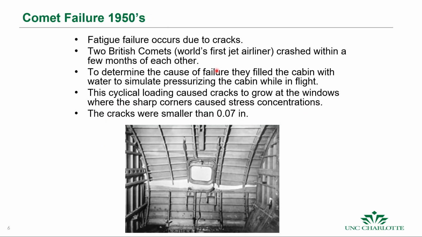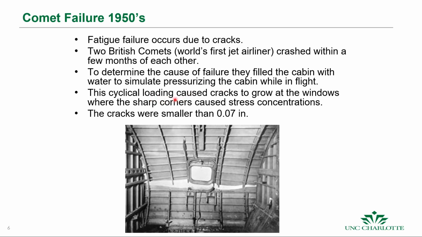Now, another bit of history: the world's first jetliner was the British Comet, and then two of them fell out of the air within a few months of each other. It was very perplexing, and they went to great lengths to figure out what was going on. They filled the cabin with water to simulate pressurizing the cabin in flight.